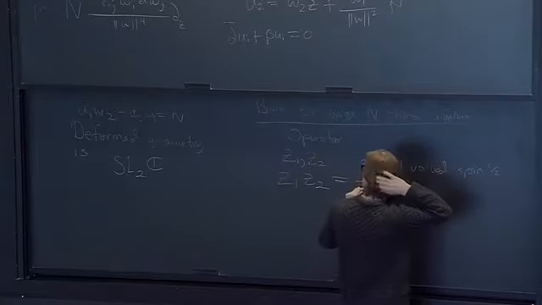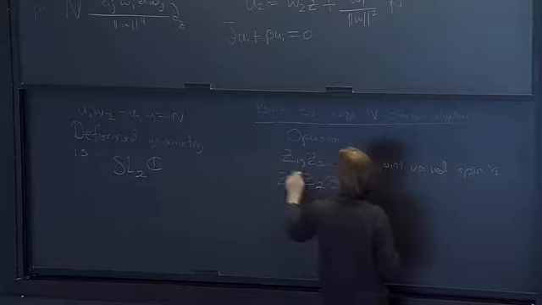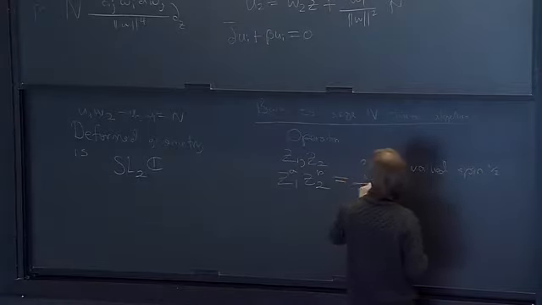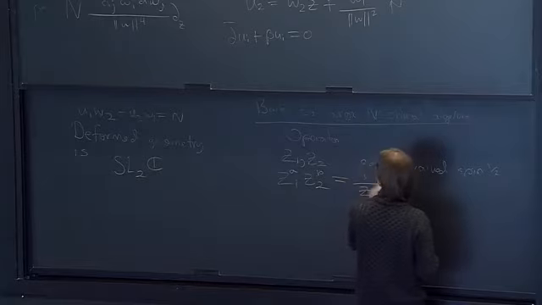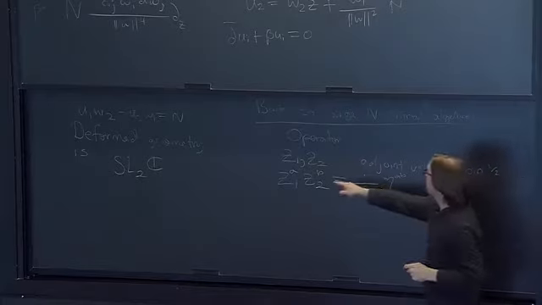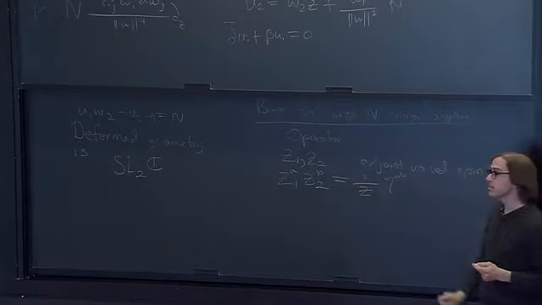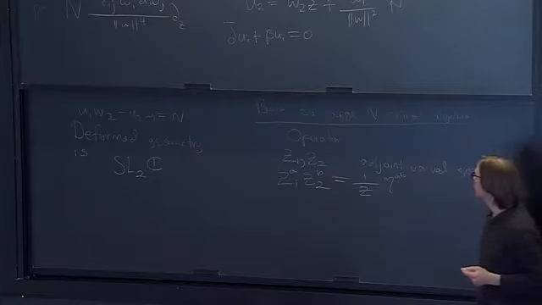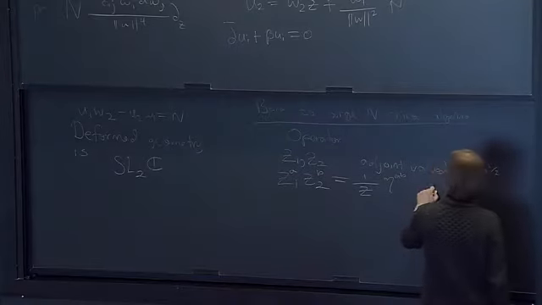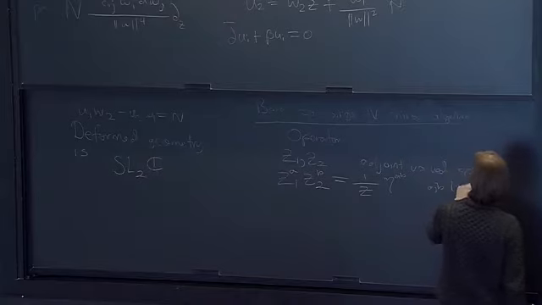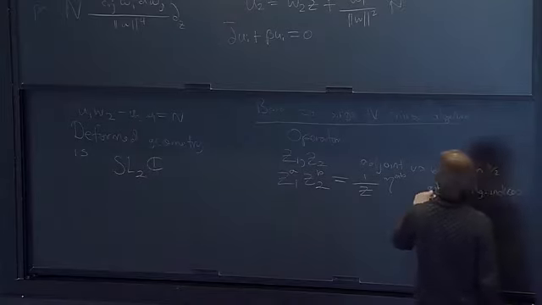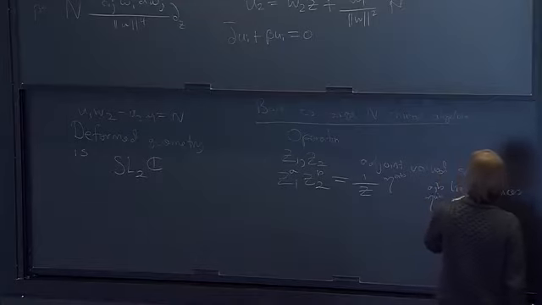And their OPE looks like 1 over z. So A and B are Lie algebra indices, and this means the pairing on the Lie algebra. We're going to take the Killing form.